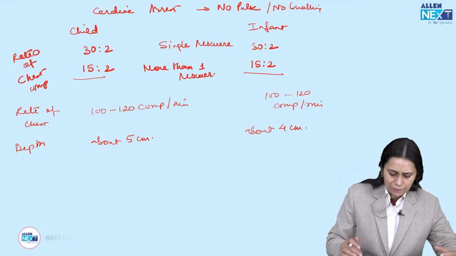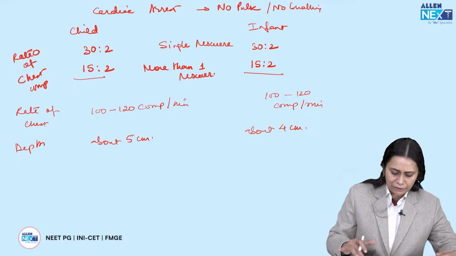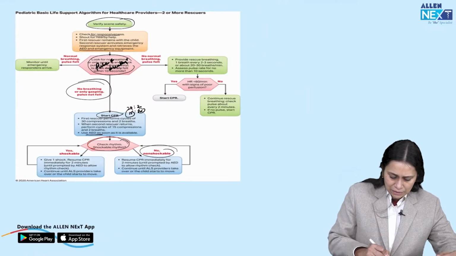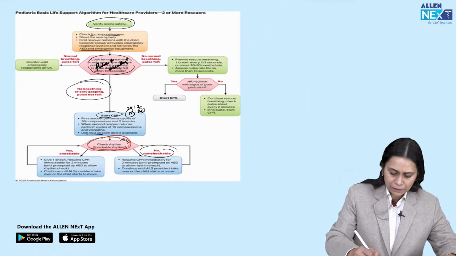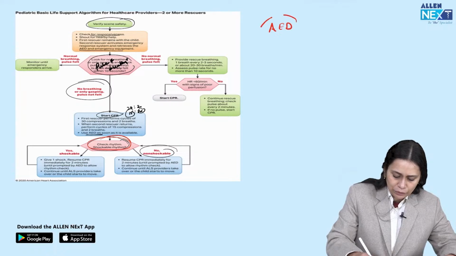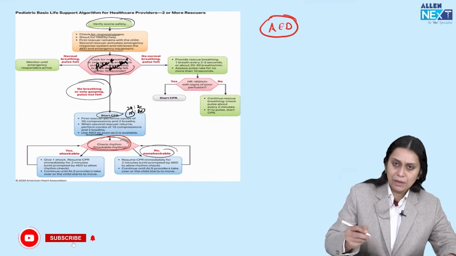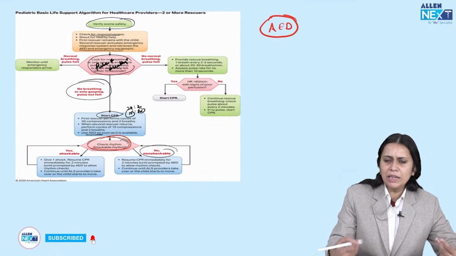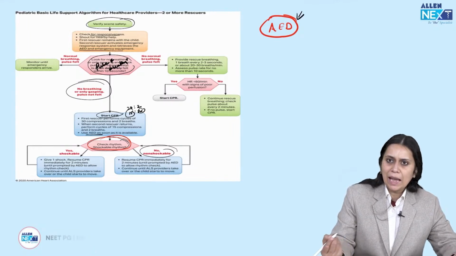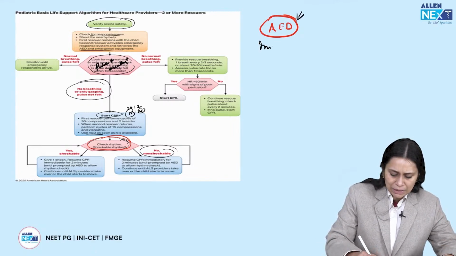Now, let's say I have activated the EMS and the AED is available. We have to immediately attach the AED. In adult, in pediatric, in infant, if AED comes and person is in cardiac arrest, immediate attachment.